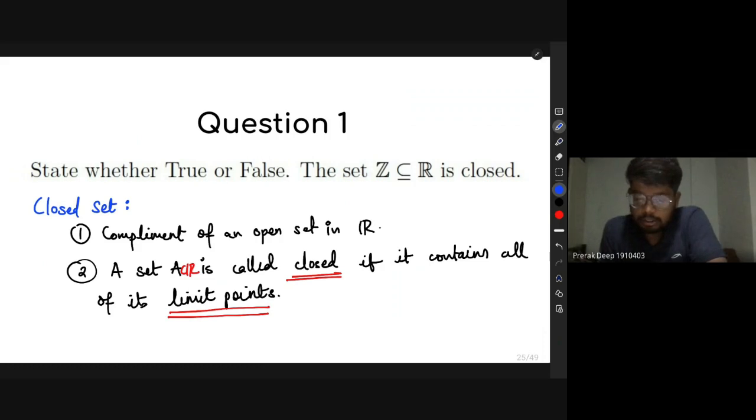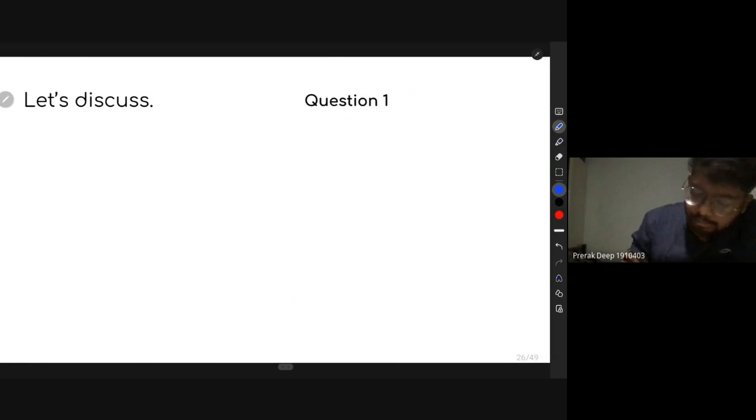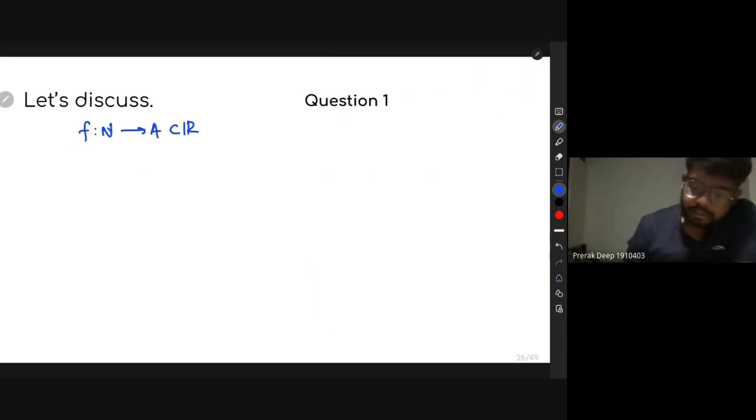let me say it again. We have defined sequences for any arbitrary subset of R as well. You can have a sequence on any arbitrary subset of R. Let's say this is your sequence Xn that you have defined, and this is a convergent sequence.